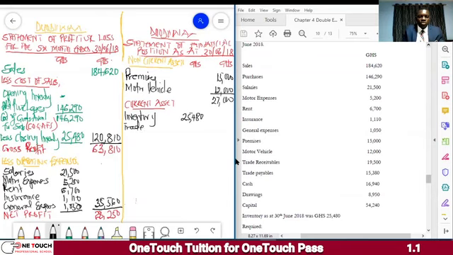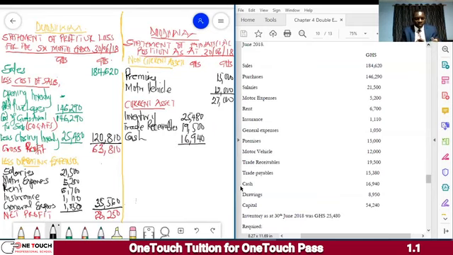Then we have trade receivables. And the trade receivables is 19,500. Okay. Then we have cash of 16,940. Great. So when we add this, what do we get?